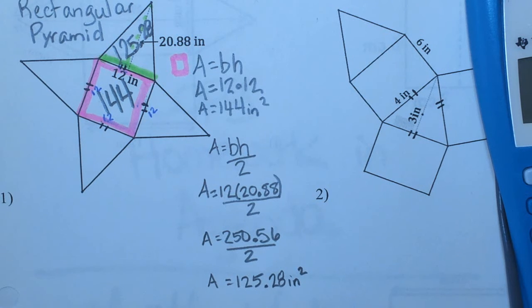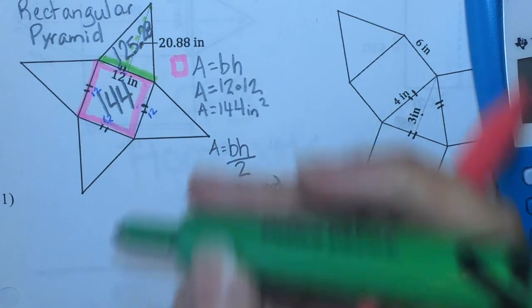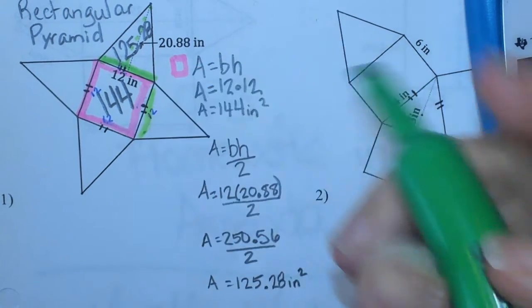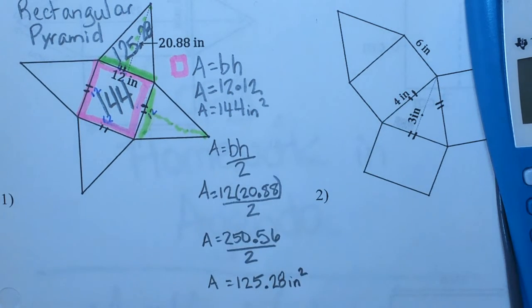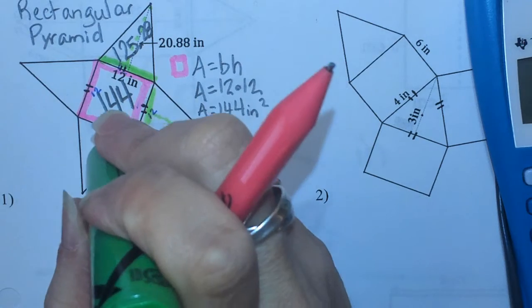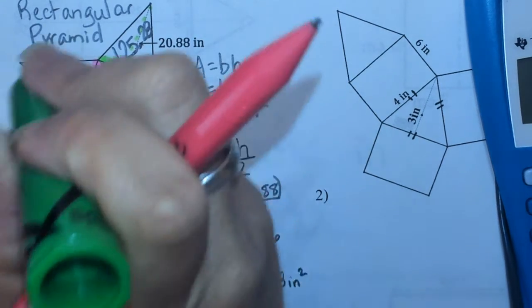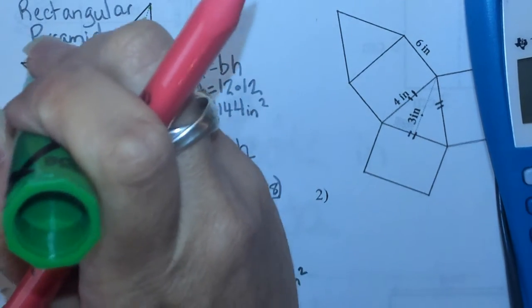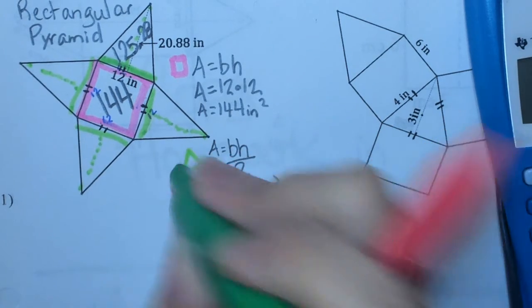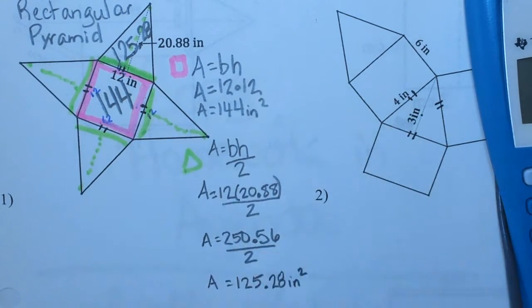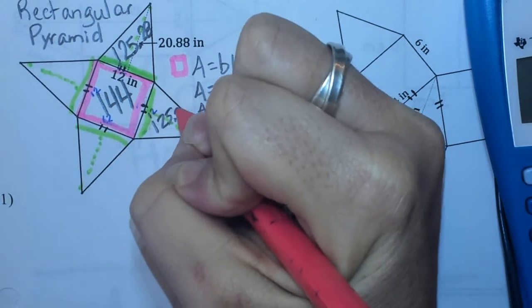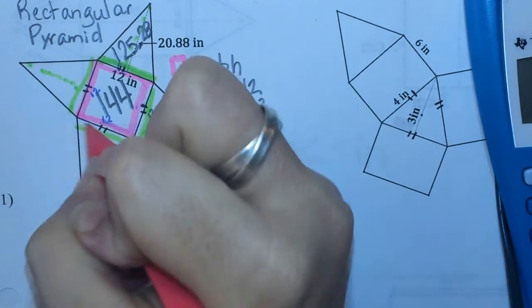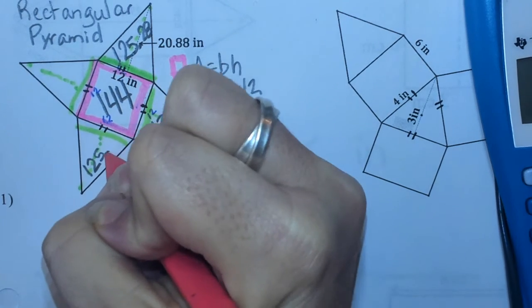So that triangle was a 12 times 20.88. So I'm going to look. Is this 12? Yes. If it folds up to a pyramid, does it have the same height? Yes. So I'm just kind of going around. That would be 12. That would be the same height. 12, same height. So all my triangles are 125.28.